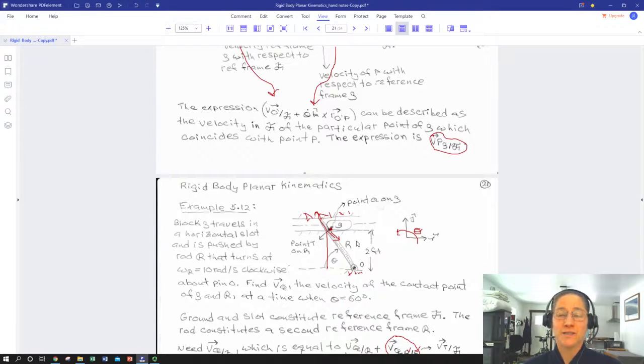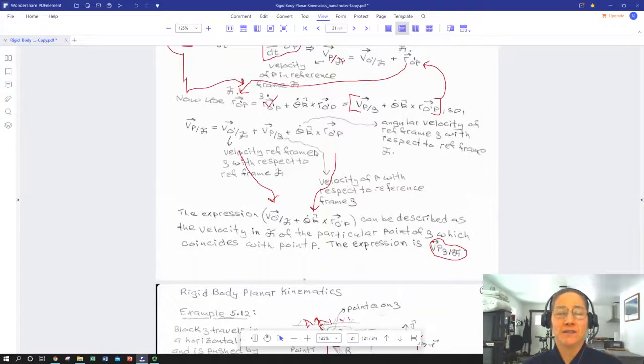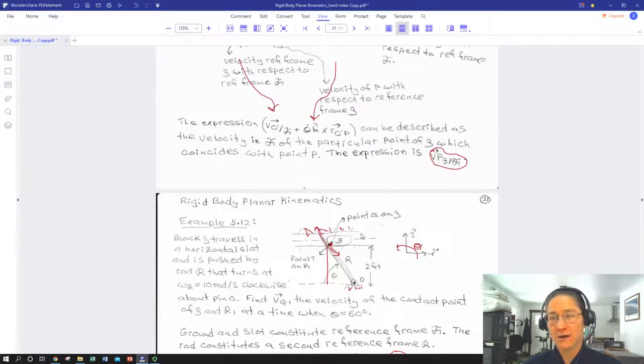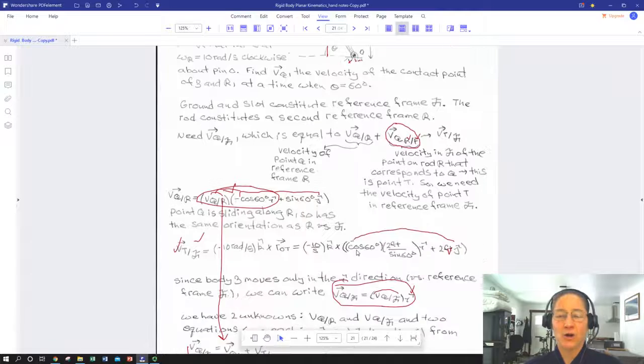And we did a secondary evaluation of, well, what would the velocity of point Q with respect to R be if we were standing just in R? So we kind of double leveraged the idea of relative reference frames. We looked at the relative motion of B and R, and then we used our derived expression to look at the motion of tag point T in R with respect to fixed reference frame O.